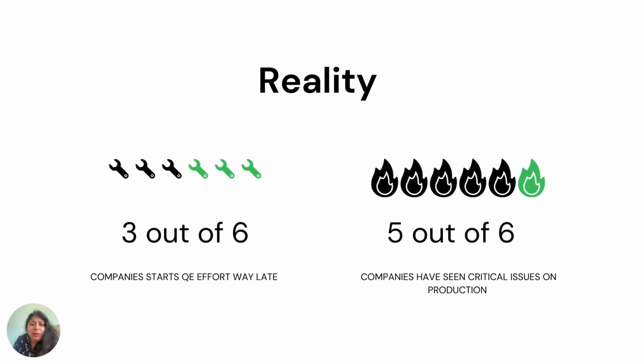So let's talk about some reality. Though we hear those cliche points that QA is a blocker or slows down releases, at least I have seen in my career, a lot of the companies I have worked in started the whole quality engineering process very late in their life cycle, maybe after years.